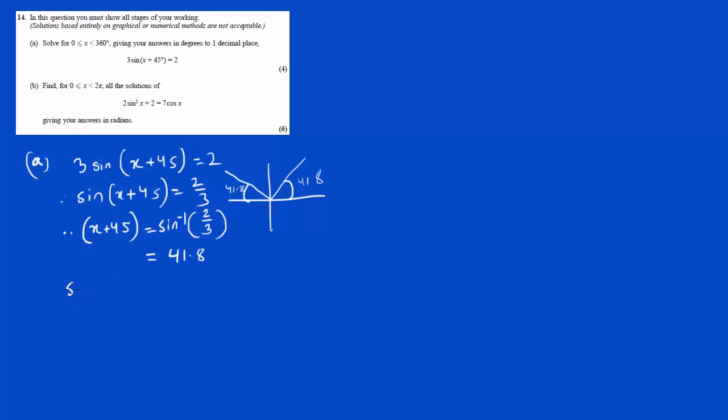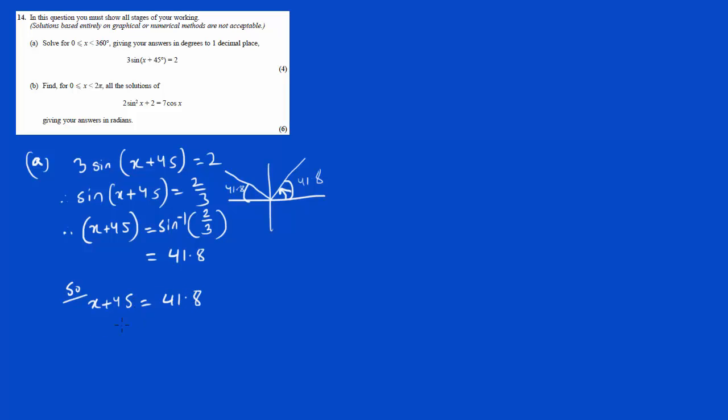Step 3. Now it is important not to break this angle. Let's keep the compound angle as this, x plus 45. This is important. So step 3. For the first quadrant, the basic angle is going to be the same as the value that we just found, 41.8. So the first value of the angle is going to be 41.8.